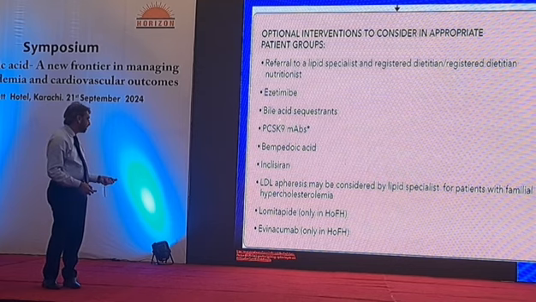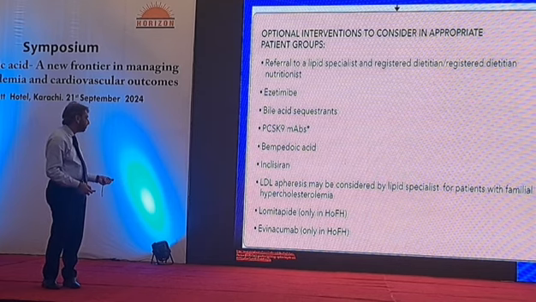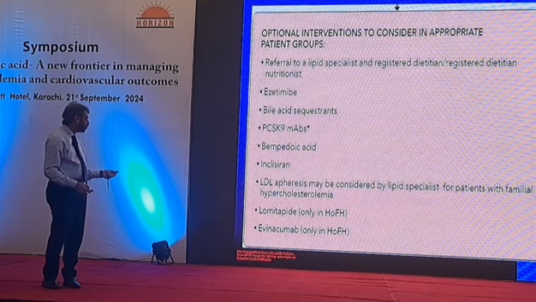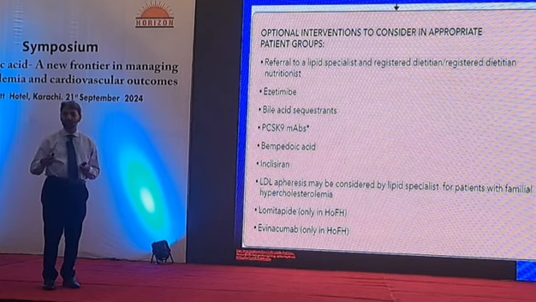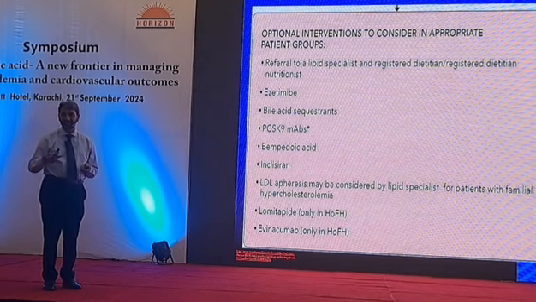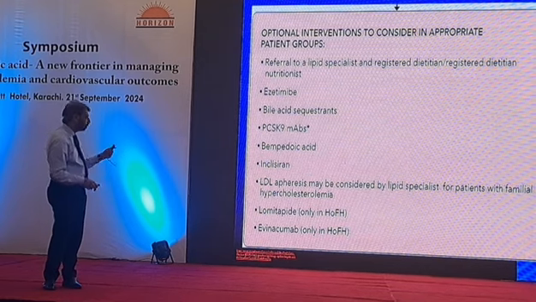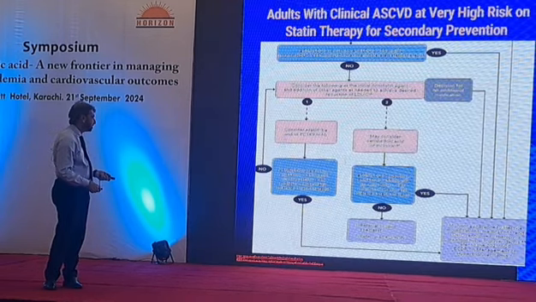Some are very expensive to offer, but ezetimibe we usually use, and now we have bempedoic acid as well to add on to our statins to achieve our targets. And how to incorporate them, that we'll see.